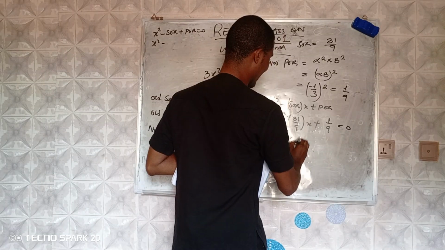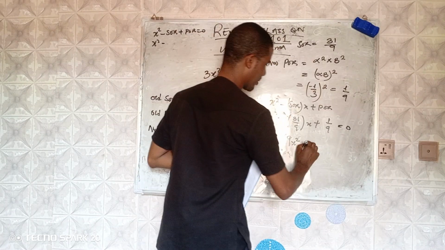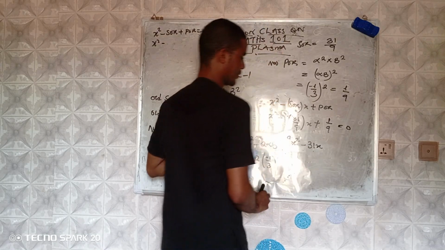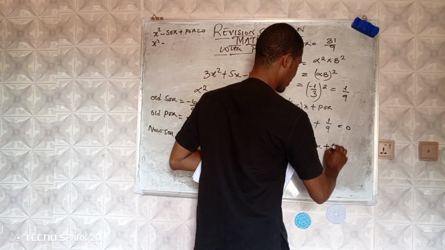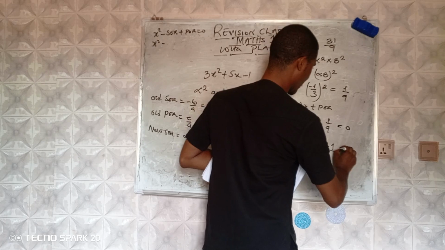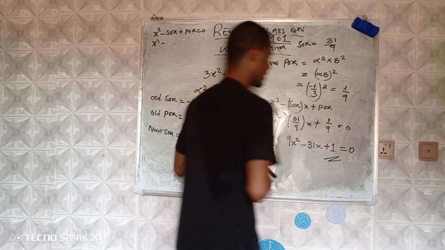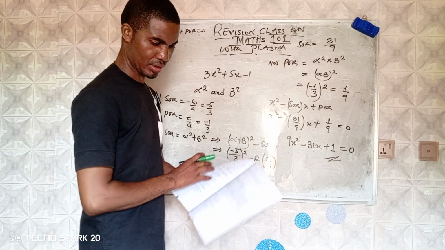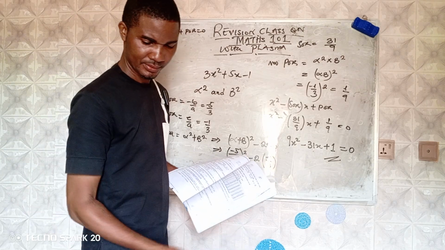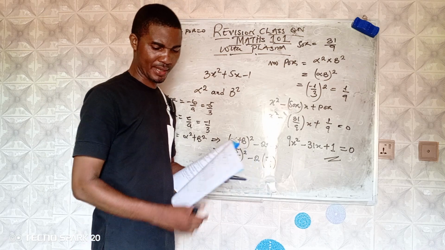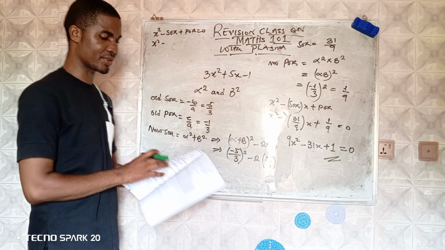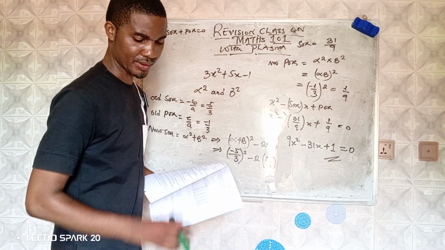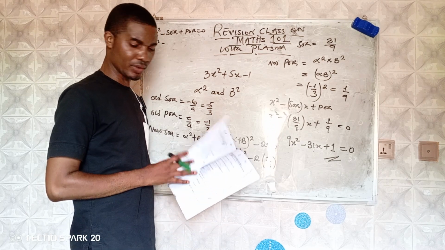So I have 9x squared minus 31x plus 1, which will give me 0. This is the final answer to question number 1, section B for 2021/2022.